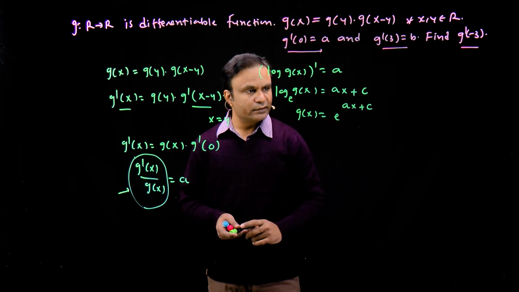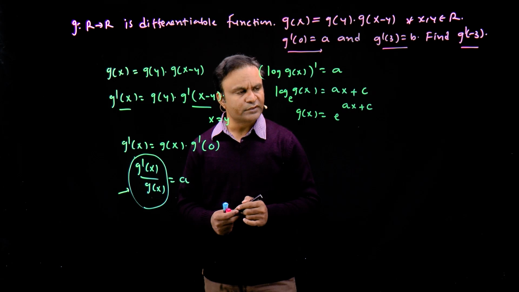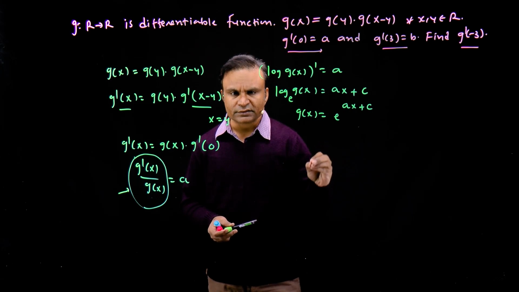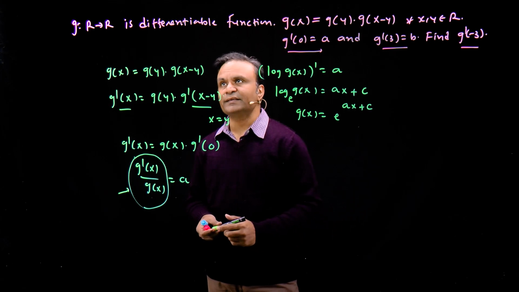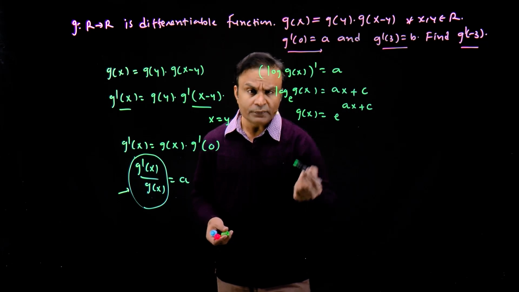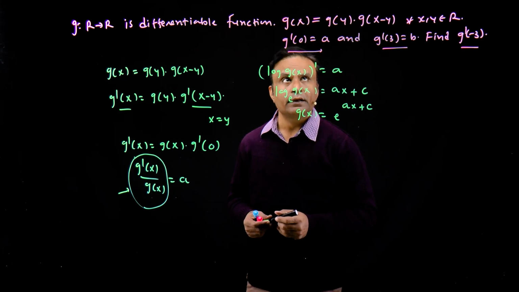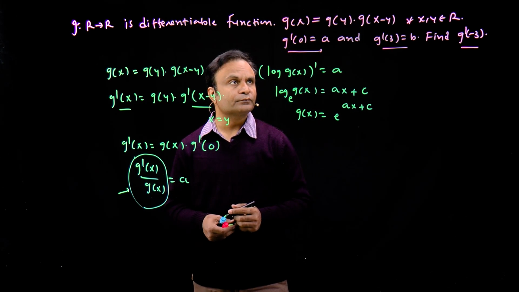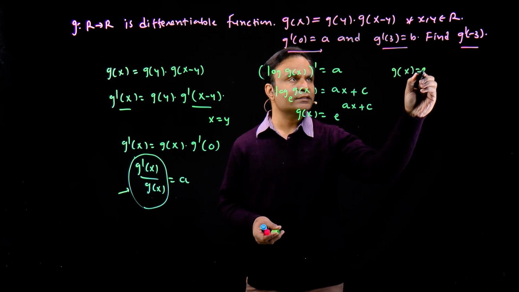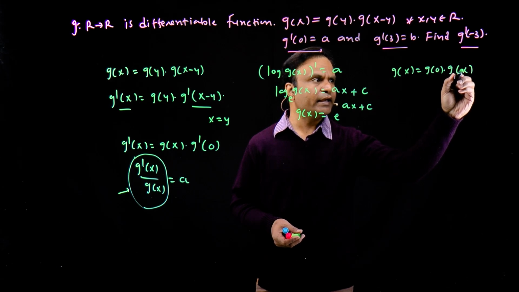Okay, now how do I get the value of c? To get the value of c, I must have the value of function g at some point, and the simplest point is 0. And for g of 0, I will use the functional equation again. In this I will put y is equal to 0. So I get g of x is equal to g of 0 multiplied by g of x.